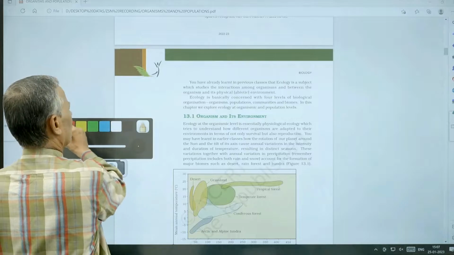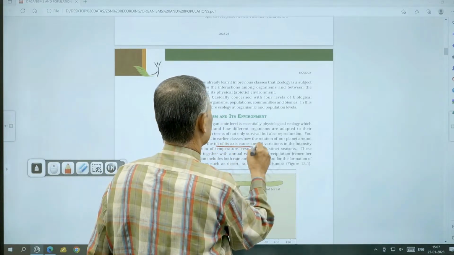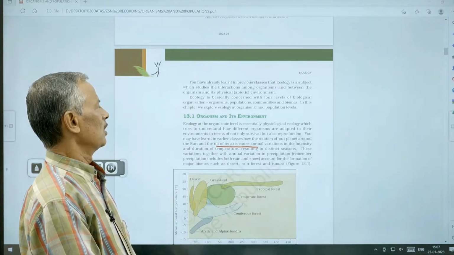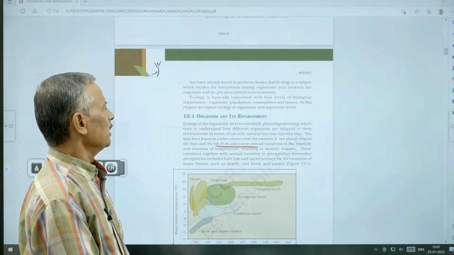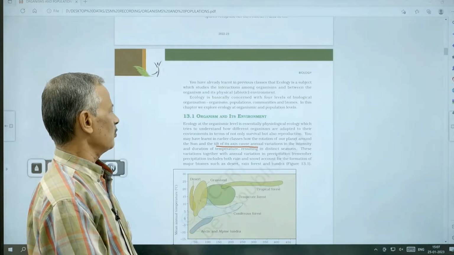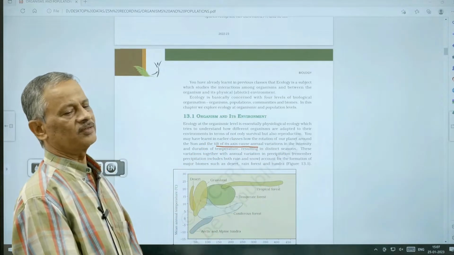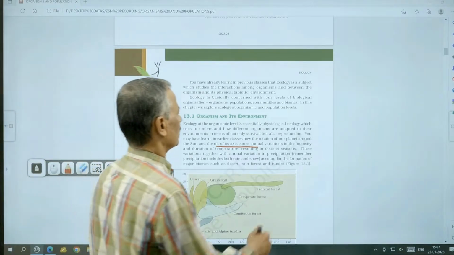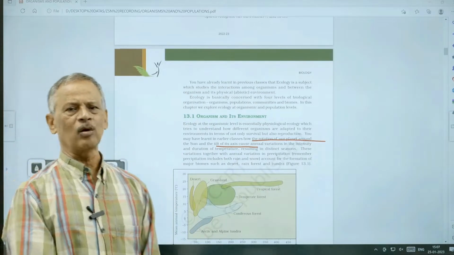One, the tilt of the earth on its axis cause annual variations in intensity and duration of temperature, thus causing distinct seasons. That is one reason. Second one, rotation of our planet around the sun.